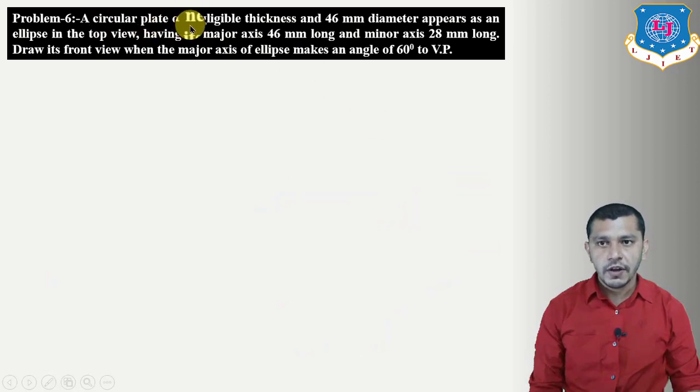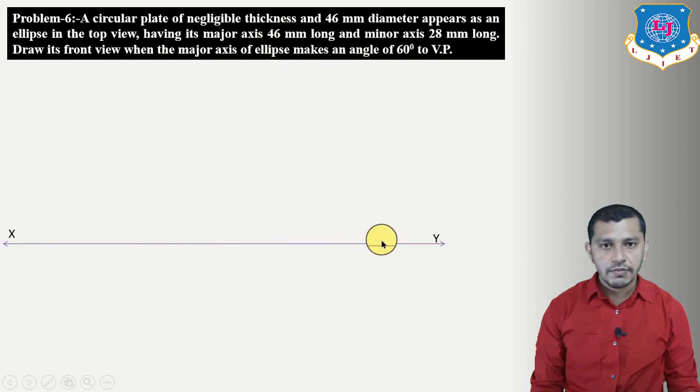A circular plate of negligible thickness and 46 mm diameter appears as an ellipse in the top view, having its major axis 46 mm long and minor axis 28 mm long. Draw the front view when the major axis of the ellipse makes an angle of 60 degrees to VP. So first of all draw the XY reference line.